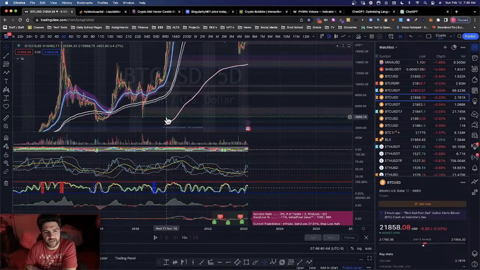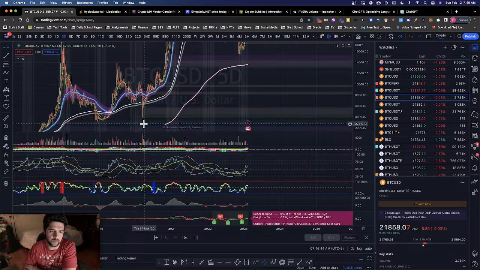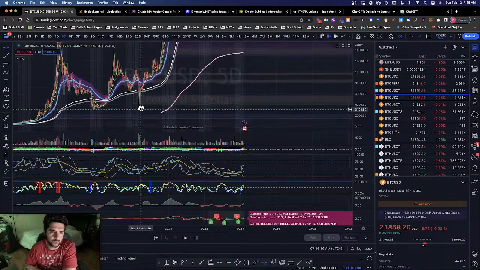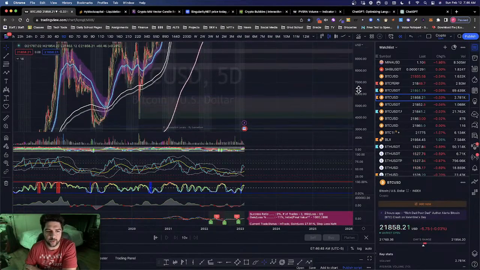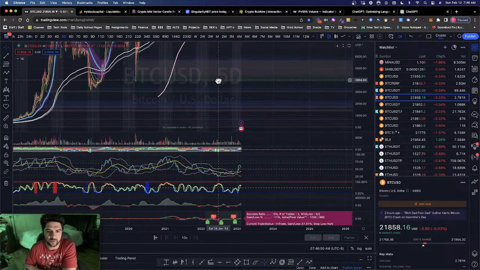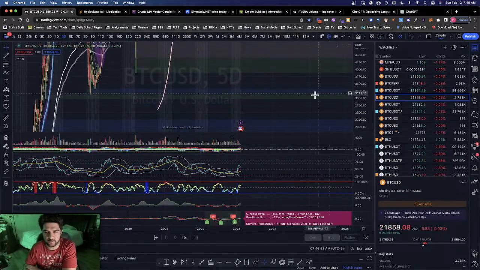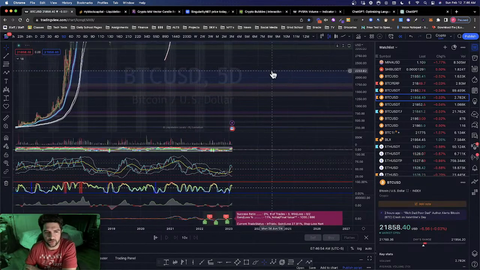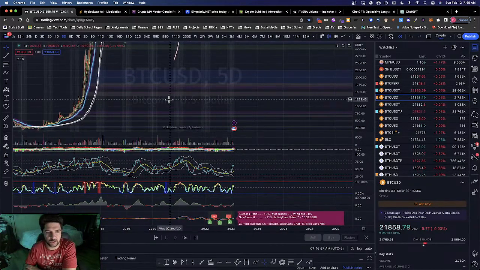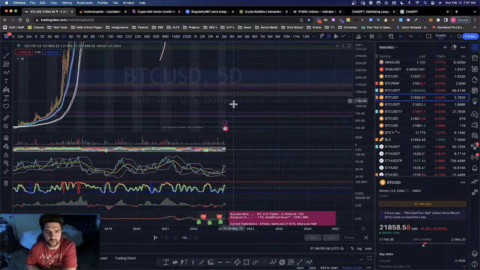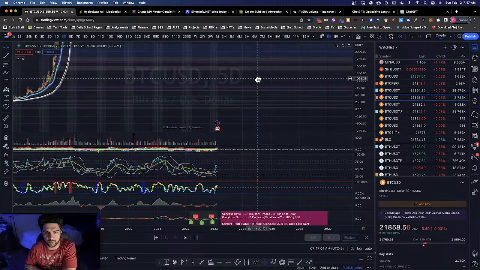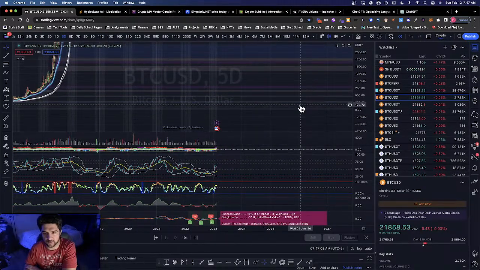It doesn't pay him to give people a point to long from. However, no one will know where to put a long if he drops price below that, right? Because how low is he going to go? On your 5-day, you can go really, really low.